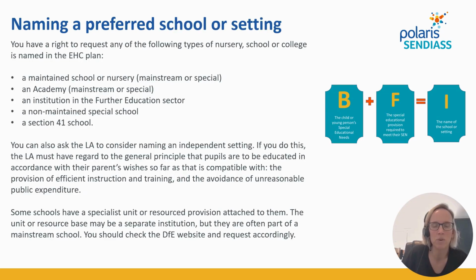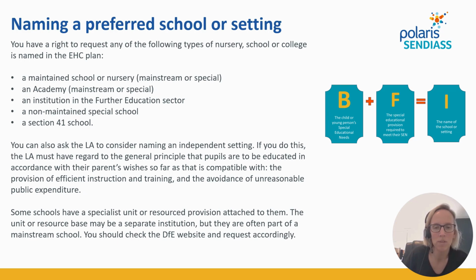Name your preferred school or setting. You have a right to request any of the following types of nursery, school, or college in the EHC plan: a maintained school or nursery, an academy, an institution in the further education sector, a non-maintained special school, a Section 41 school.